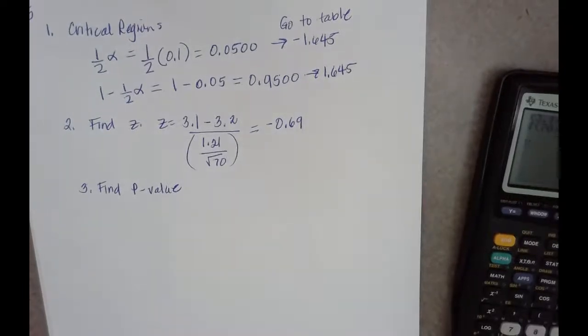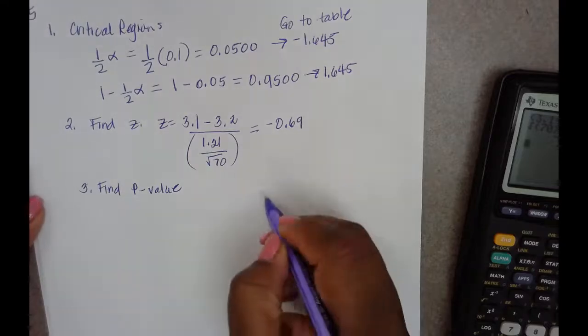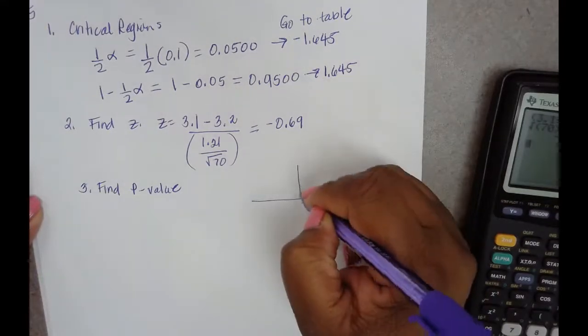Let's think about what we know. We know that this is a two-tailed test. We know that the p-value is on either side. So I'm going to put a visual.